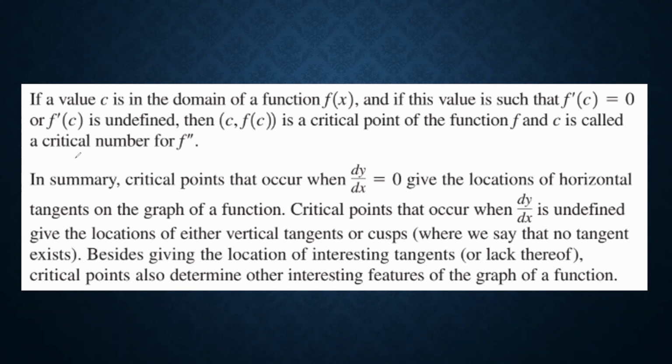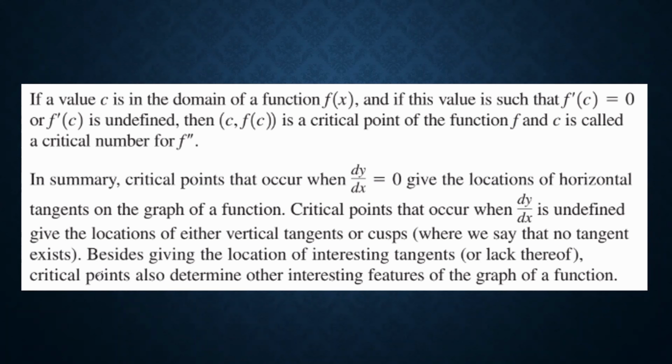That's exactly what we saw in a previous example when the derivative was not defined for x equals negative 2. We showed a cusp. Oh, sorry. We found that no tangent exists at this point, right?